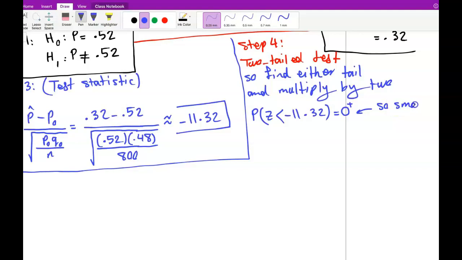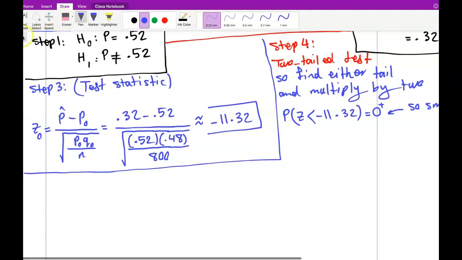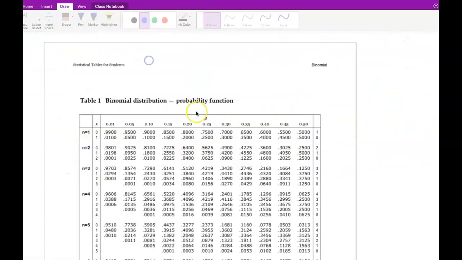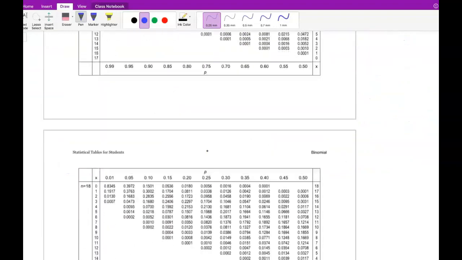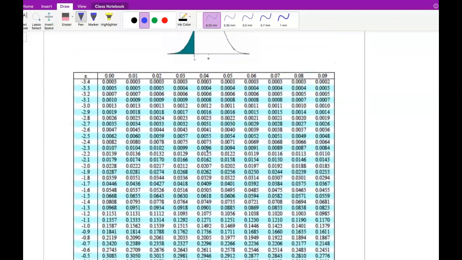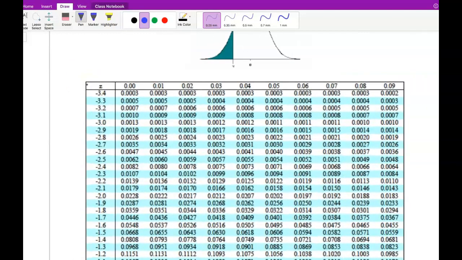How do I know that this is equal to a small number? Okay, using our table. Okay, we have negative z-scores. Here z equal to negative 3.4.